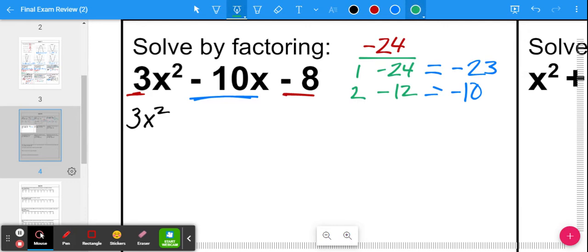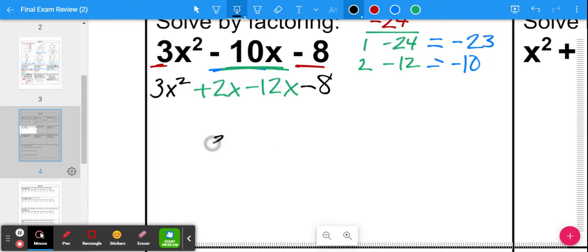Now, using the factors, I said positive 2x and negative 12x makes up that negative 10x b value. And then I bring down that minus 8. So those are the 4 terms that go inside the area model. So we have 3x squared, positive 2x, negative 12x, and negative 8.